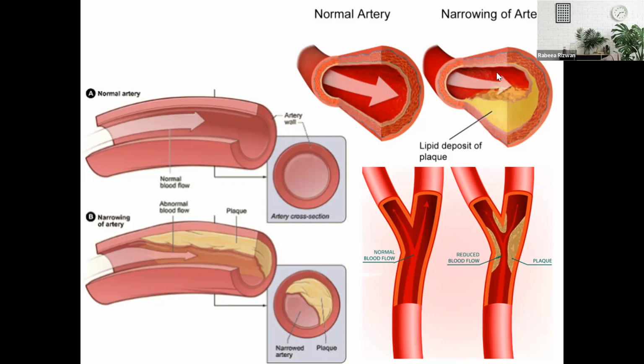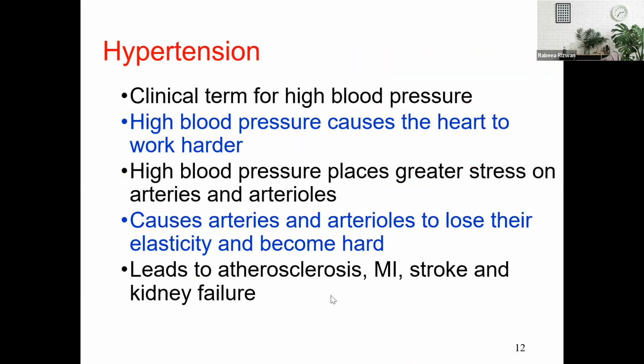When it is deposited along the walls, the normal lumen of the artery becomes narrower, day by day. In this way, normal blood flow is disrupted, and the blood supply to various organs is affected, leading to various problems such as kidney failure, or problems in the heart itself or the brain, like stroke.